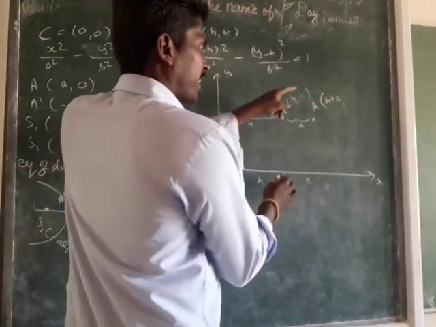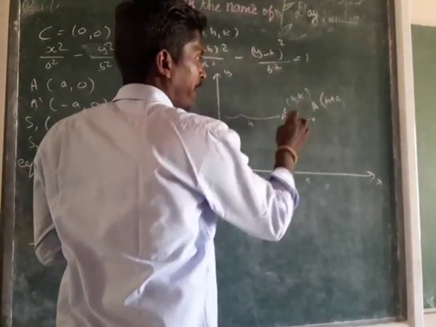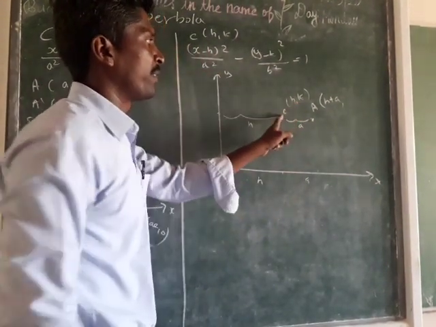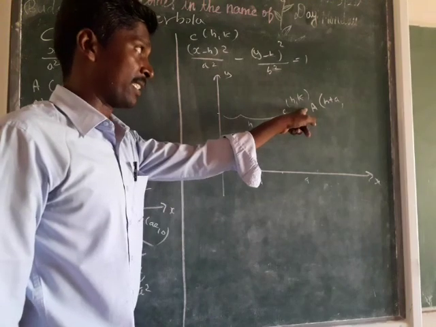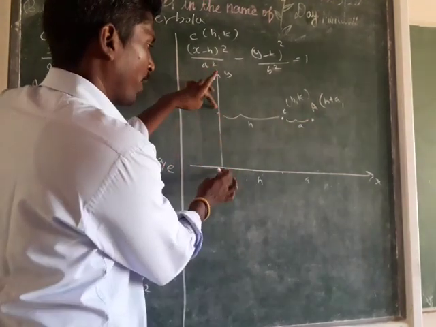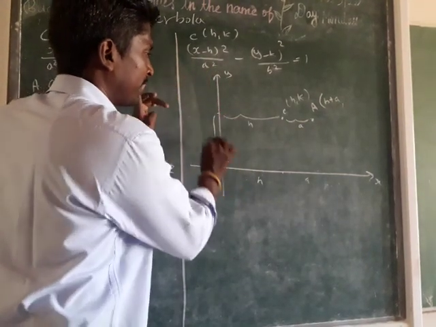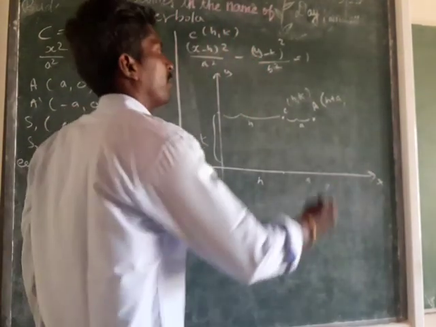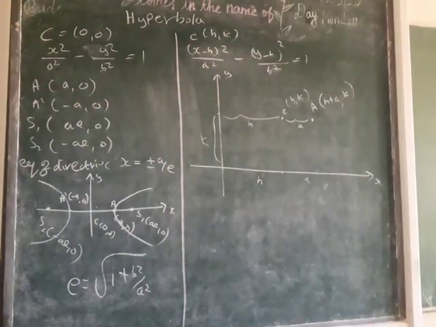What is the distance here? h comma k. Here the y distance is k. In the y-axis what is the length? k. With the help of the center h comma k, the k represents the distance in the y-axis. So the entire line should be the same. So vertex A is h plus a comma k.